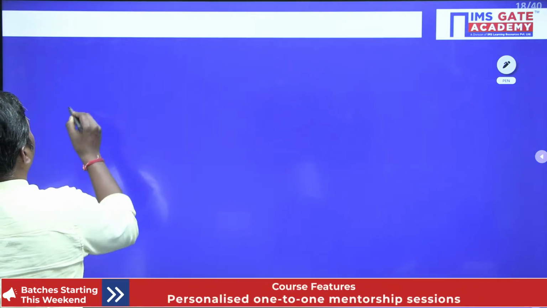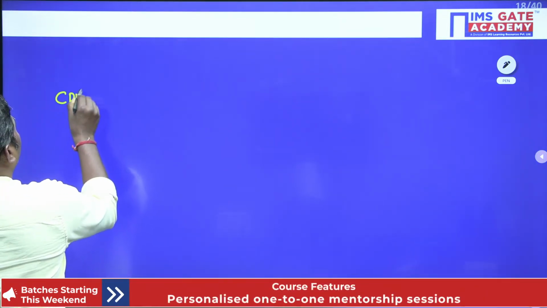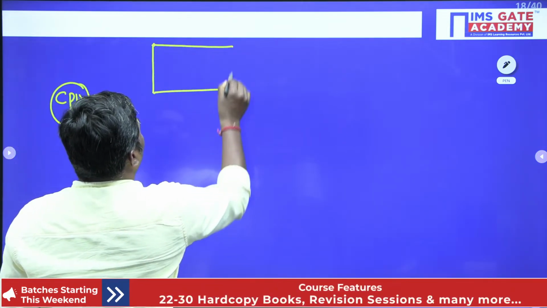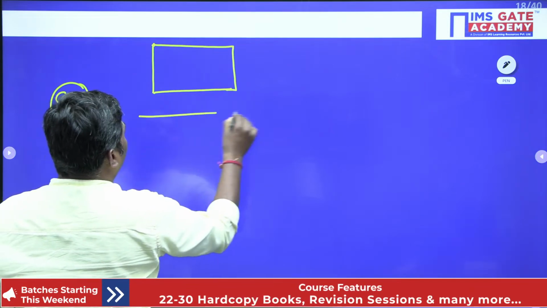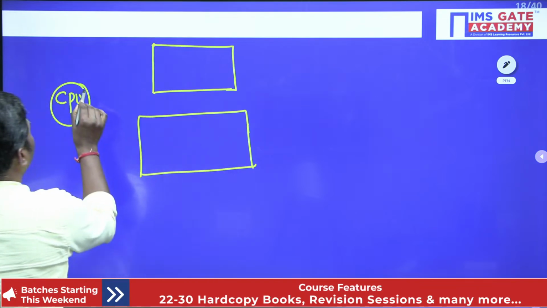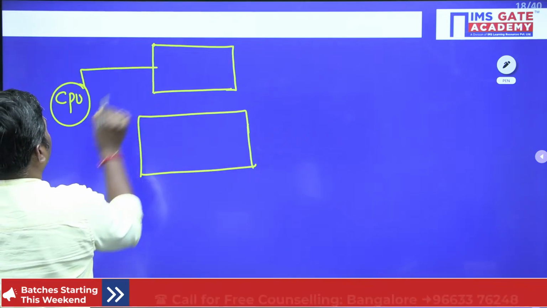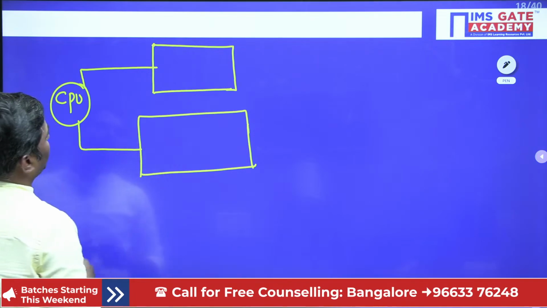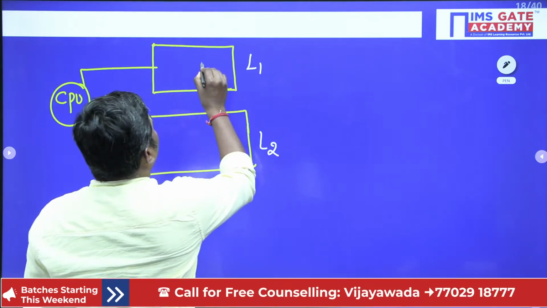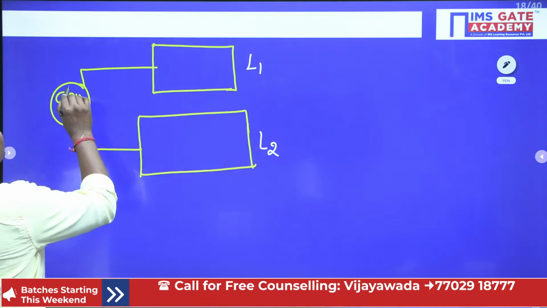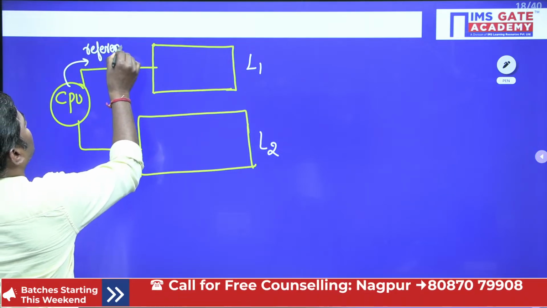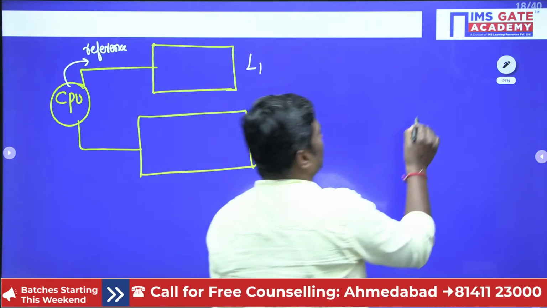Case number 1: the CPU is connected to two memory components, a two-level memory hierarchy, parallelly connected. This is level 1 and this is level 2. Now please understand, whenever the processor gives a reference, reference means address.